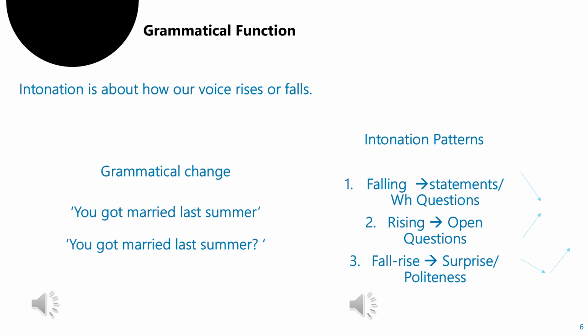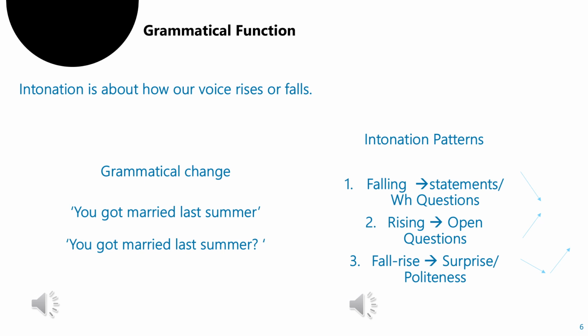But we also have the rising pattern, and we can usually find it on closed questions, so also what we know as yes or no questions. Listen, for example, did you get married last summer? Notice how I am using a rising pattern.